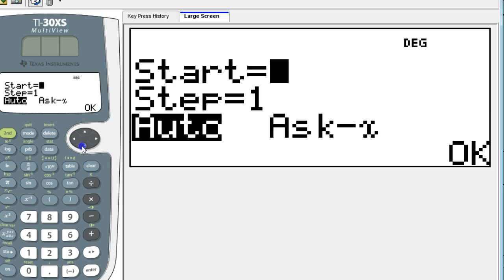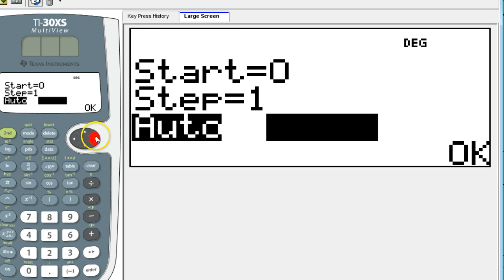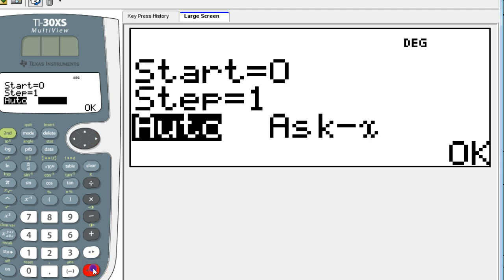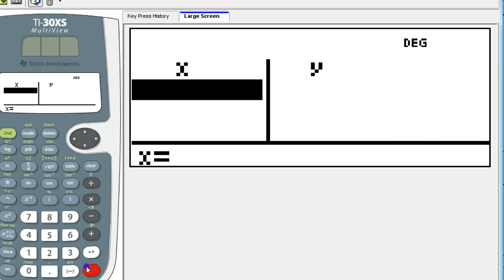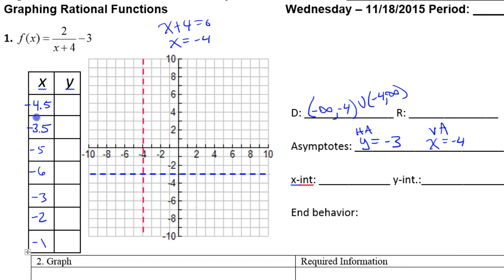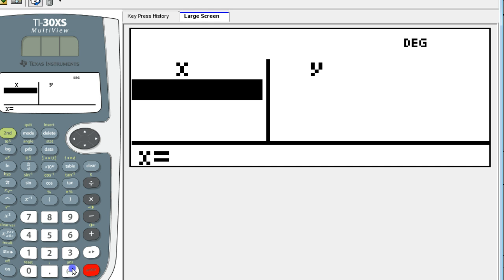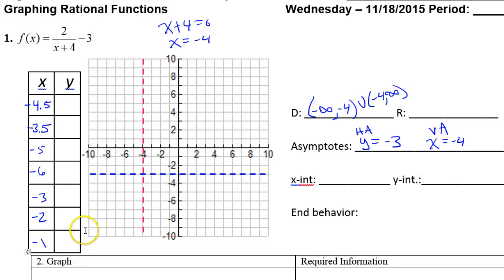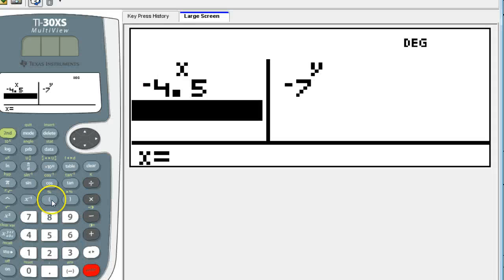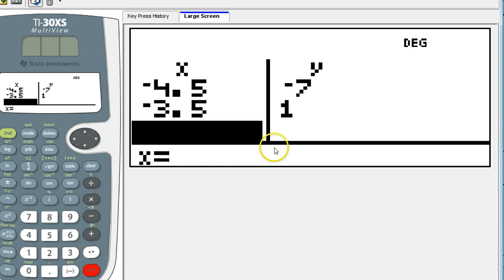Now, for when I make a table of values, I like to use the ask mode, so I can use all the decimals I want. Now, I want to know -4.5. So I'll type that in. That's -7. I also want to know -3.5. So -3.5, just type that in. That's 1.